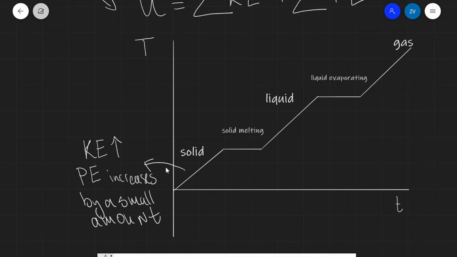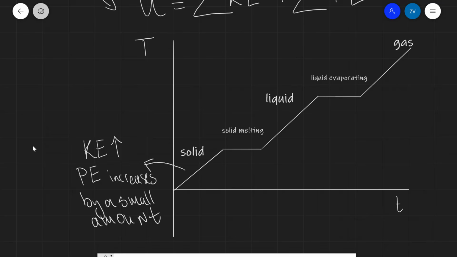Now, when we reach a certain temperature, and if this was the case for ice, this will be 0 degrees Celsius at sea level pressure, then the solid will begin melting. At this stage, the temperature remains constant, and we can see that the temperature is constant.